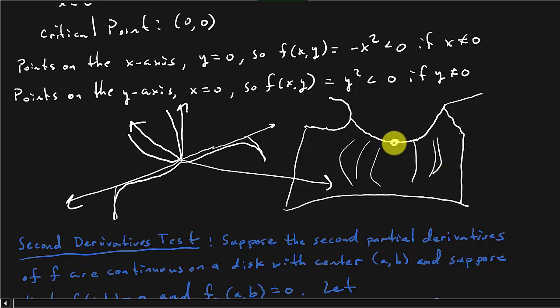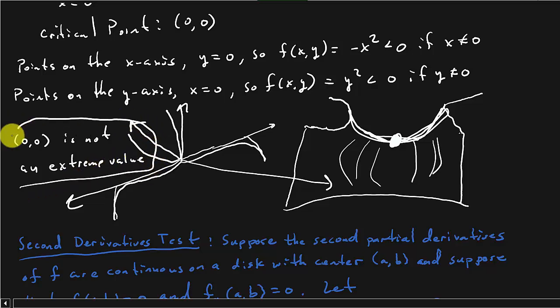Okay, so that point would be like a maximum, but if we look in the y direction, we got points going this way, so this would look like a minimum. So it can't be a maximum and a minimum. And so we would say that (0,0) is not an extreme value. And so that's how we can look at that.